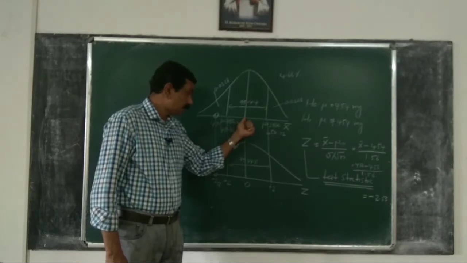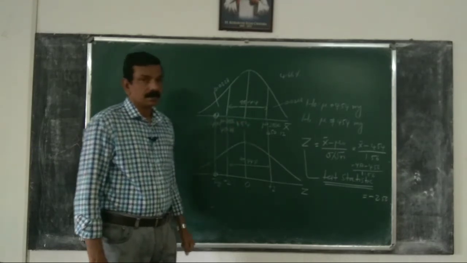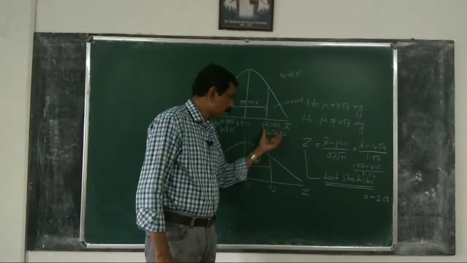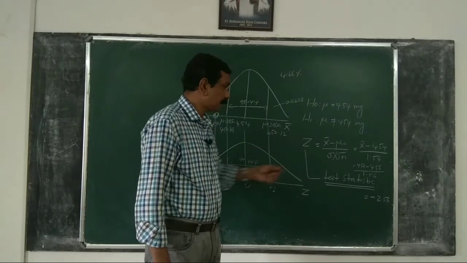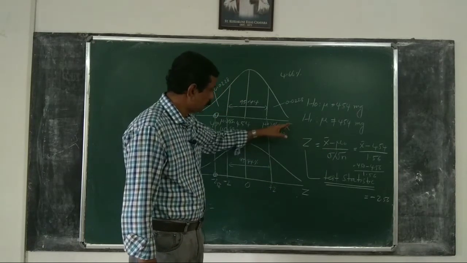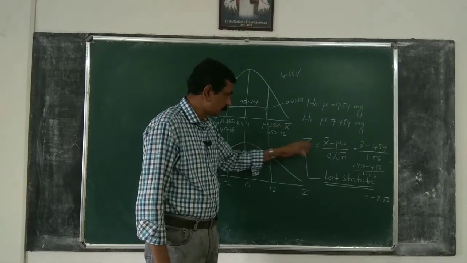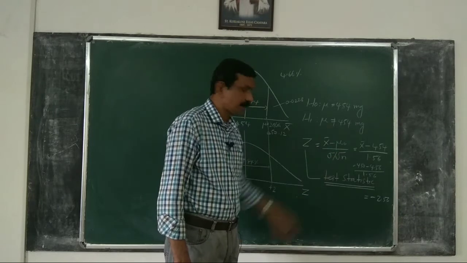Hypothetical distribution means it is based on a hypothesized value. In this example, we assume that sigma is known, that is, the population variance is known. Then we have the distribution of x bar, because the standard deviation of x bar is sigma by root n.